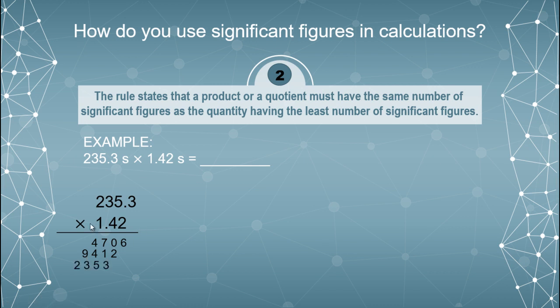Next, we have 1 times 3 is 3, 1 times 5 is 5, 1 times 3 is 3, 1 times 2 is 2. Then, we add them.